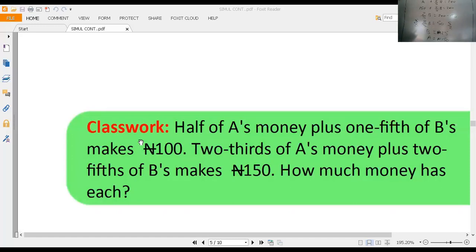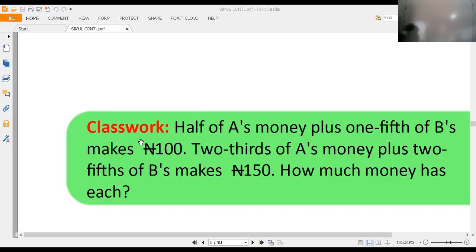Sonny, you asked how a equals 150? I cannot recall the equation there, but solving it, you have your a to be 150.